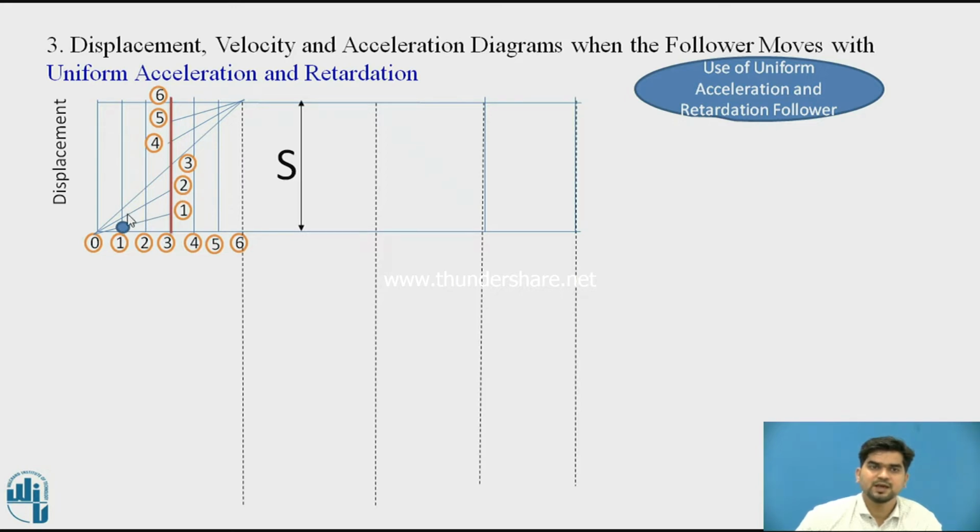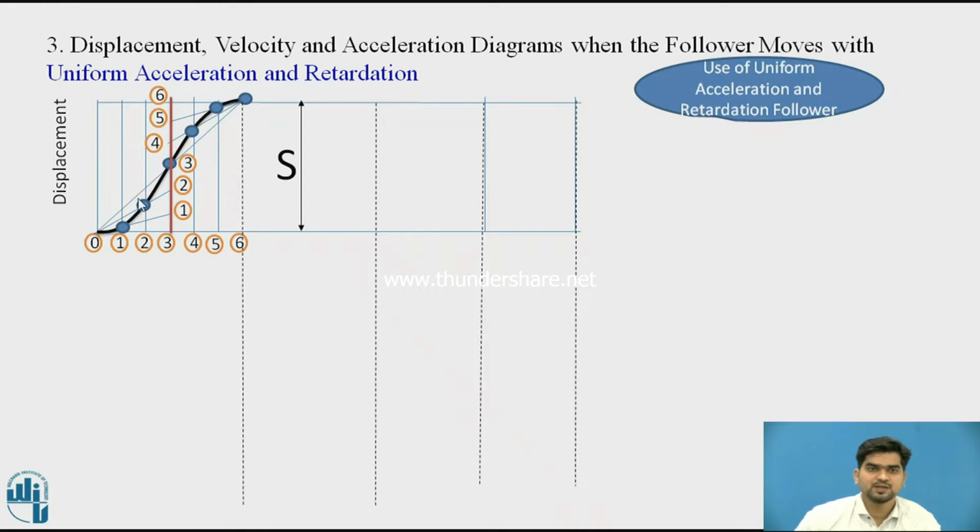Similarly the second line with the second projection, the third line with the third, the fourth with the fourth, the fifth with the fifth, and the sixth line with the sixth, each at its junction. From these points we have to draw the smooth curve.